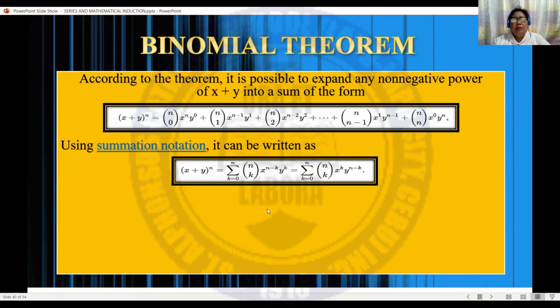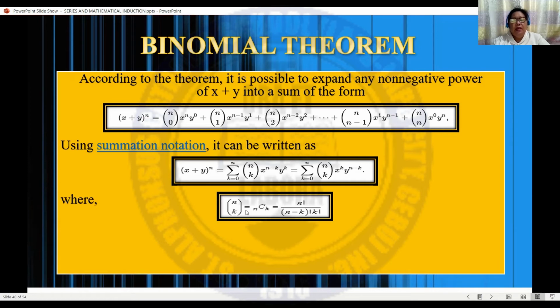Using the summation notation, it can be written as the quantity x plus y raised to n equals the summation of n choose k x raised to n minus k y raised to k from k is equal to 0 to n, which is equivalent to the summation of n choose k x raised to k, y raised to n minus k, where n choose k is equal to n combination k is equal to n factorial over the quantity of n minus k factorial times k factorial.